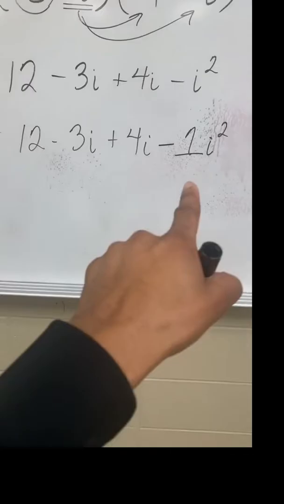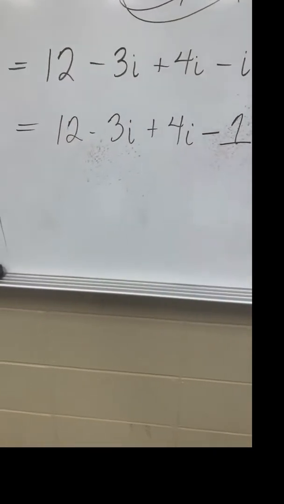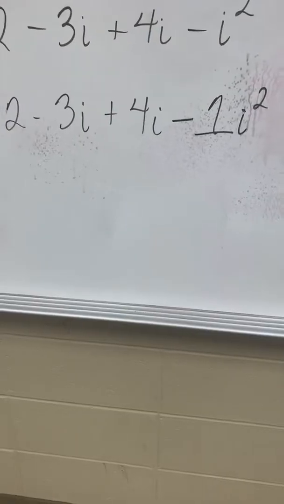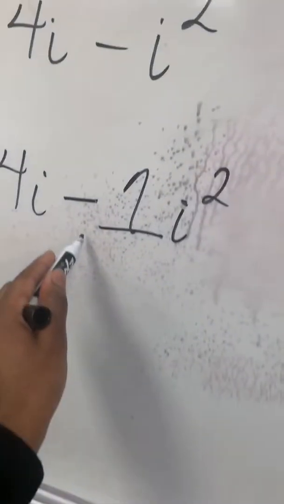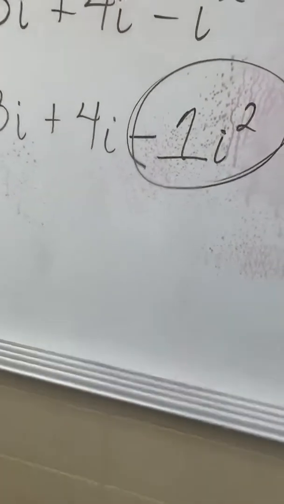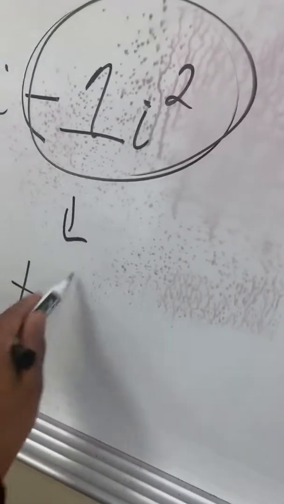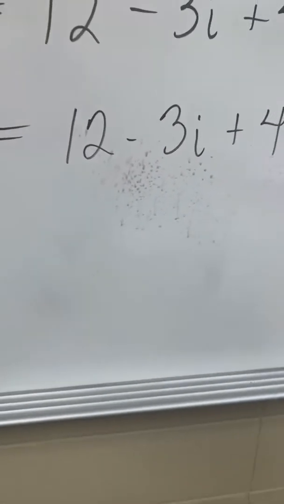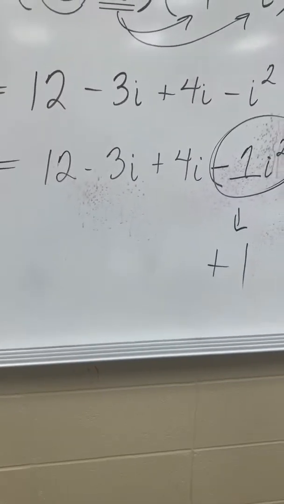So I'm going to go ahead and show it so that it makes sense with what I just said in the last slide. i squared basically means change the sign. So when I see a -1 i squared, that really means +1. That means change the sign.